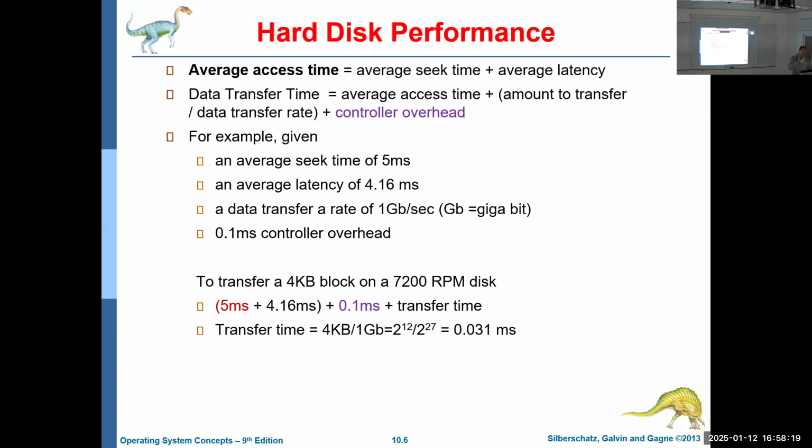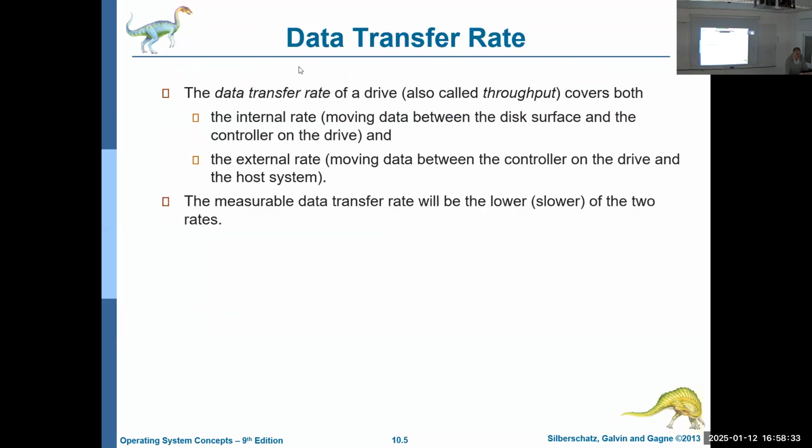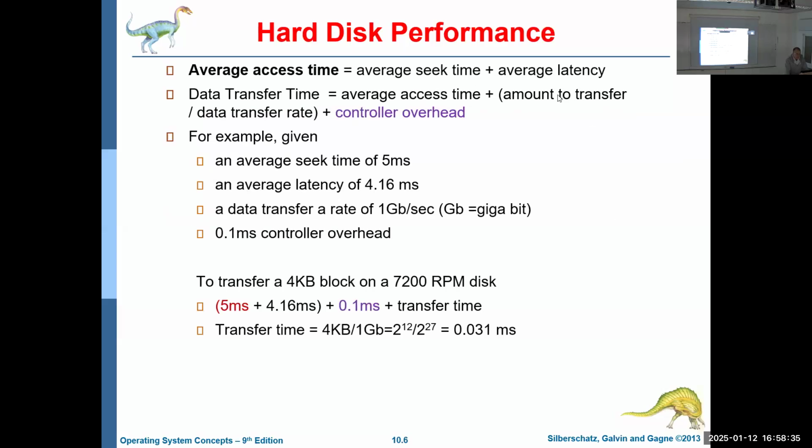Data transfer time. How long does it take me to transfer, let's say, 100 megabytes of data? It equals the average access time plus the amount to transfer divided by the data transfer rate, the rate we talked about. If we can do 1 million megabytes a second, then that's 1 second, plus the average access time.